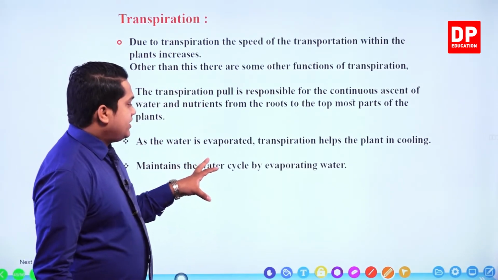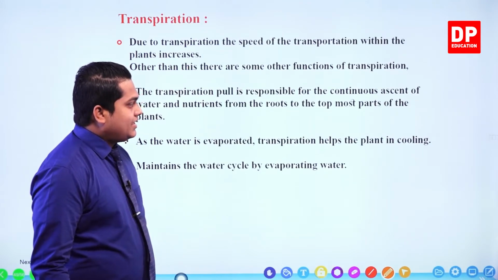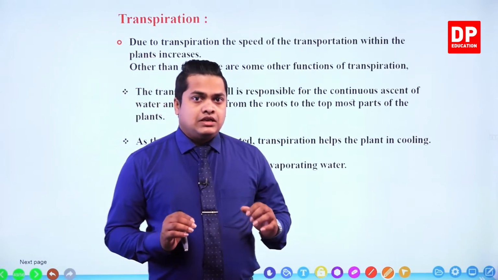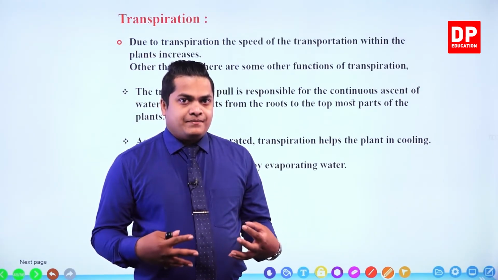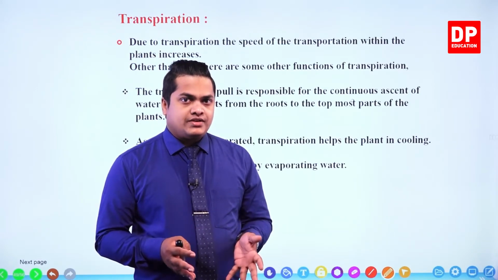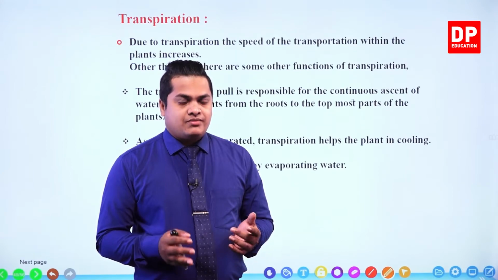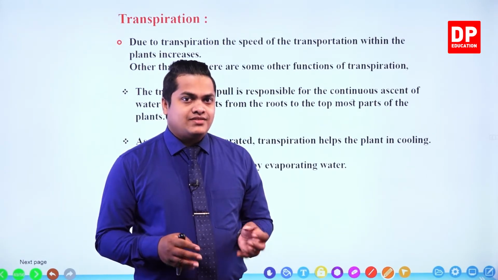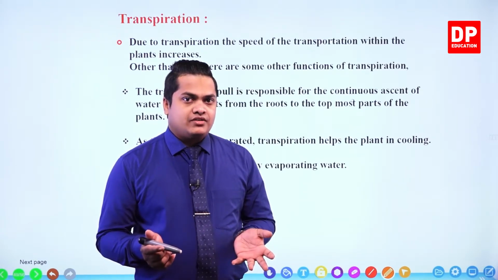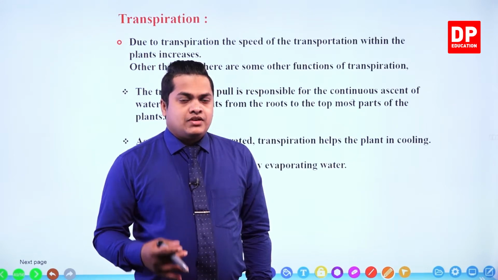As the water is evaporated, transpiration helps the plant in cooling. You know that our skin produces sweat in extreme environmental conditions, meaning when the temperature in the environment increases.